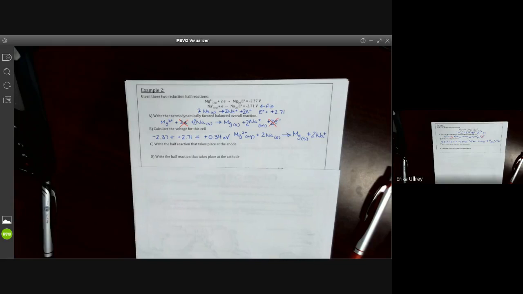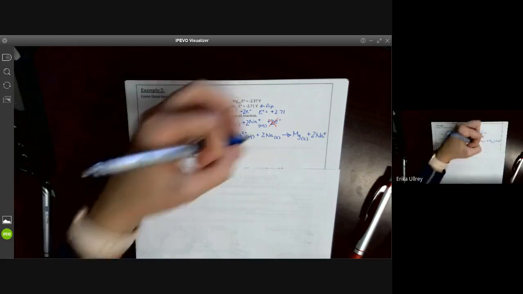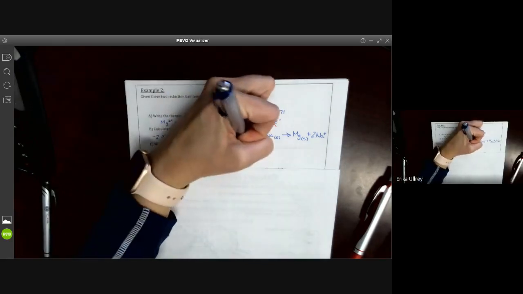So now it says, write the reaction that takes place at the anode. Again, the first thing we need to think about is what takes place at the anode. Is that where oxidation occurs or reduction? So Pamela, at the anode, is that oxidation or reduction? Oxidation. Yep, so anode is oxidation.